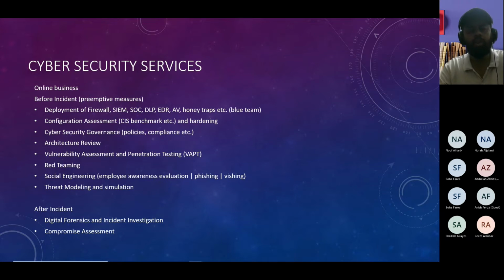Now, social engineering. Many people know this. Imagine you have a bank that is running an online business, and you have 100 employees. You want to be ensured that your employees don't get trapped by hackers and bad guys over the internet, so you want to test this cybersecurity awareness. You will launch cyber social engineering campaigns.